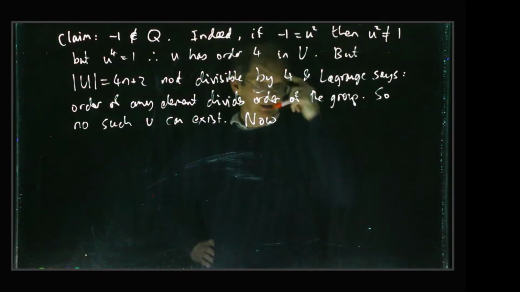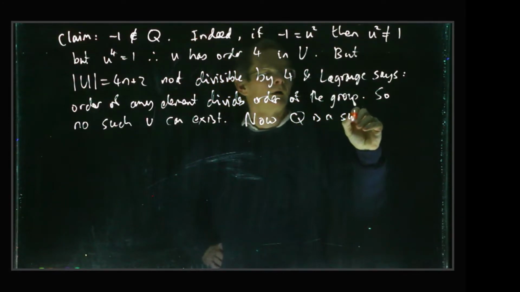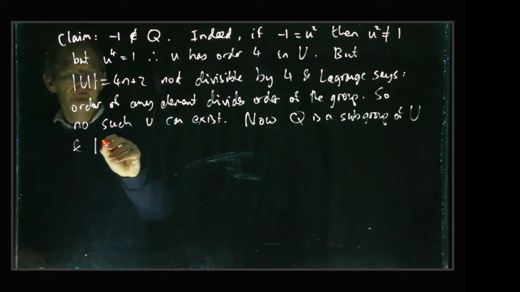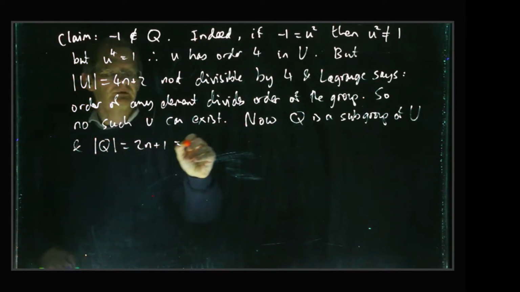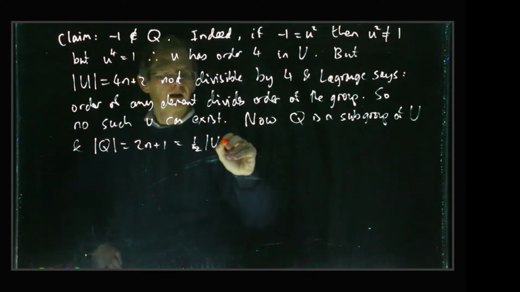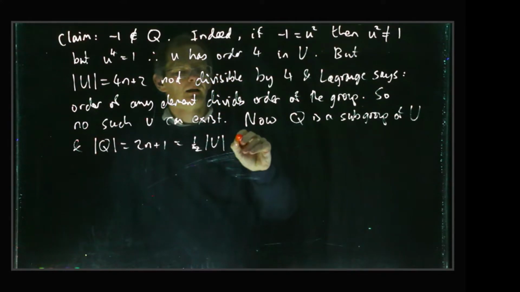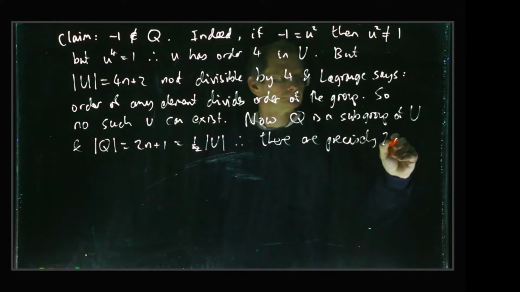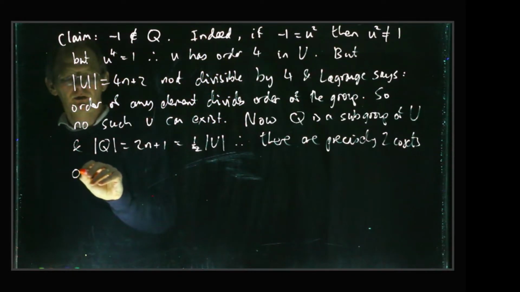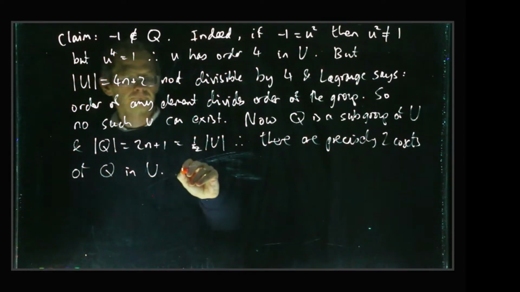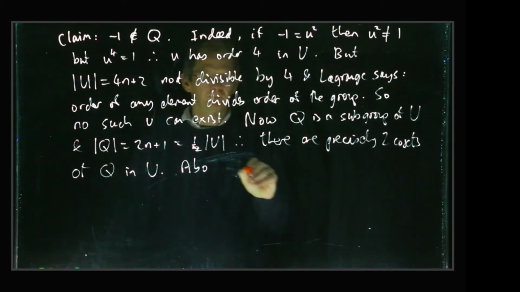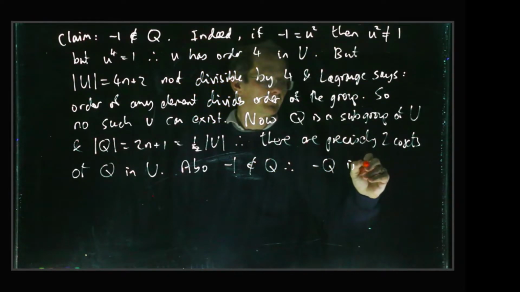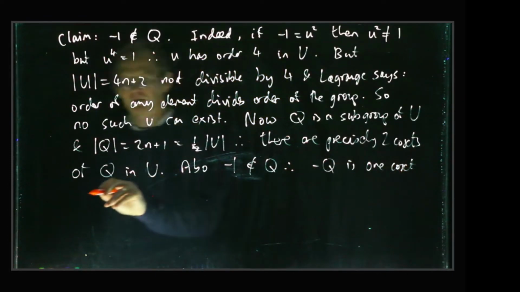Okay, so now we see that Q is a subgroup of U, and we've seen that the size of Q is 2n plus 1, which is half the size of U. Therefore, there are precisely 2 cosets of Q in U. Also, minus 1 is not in Q, therefore minus Q is one coset, and Q itself is the other.